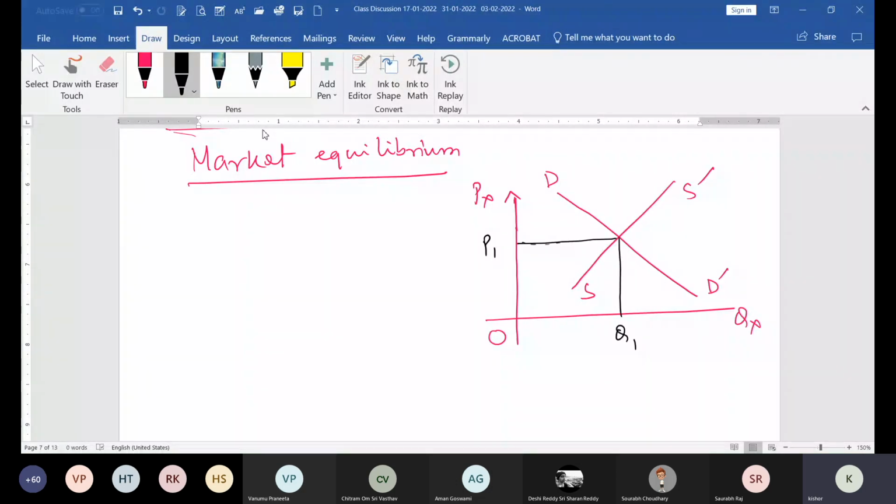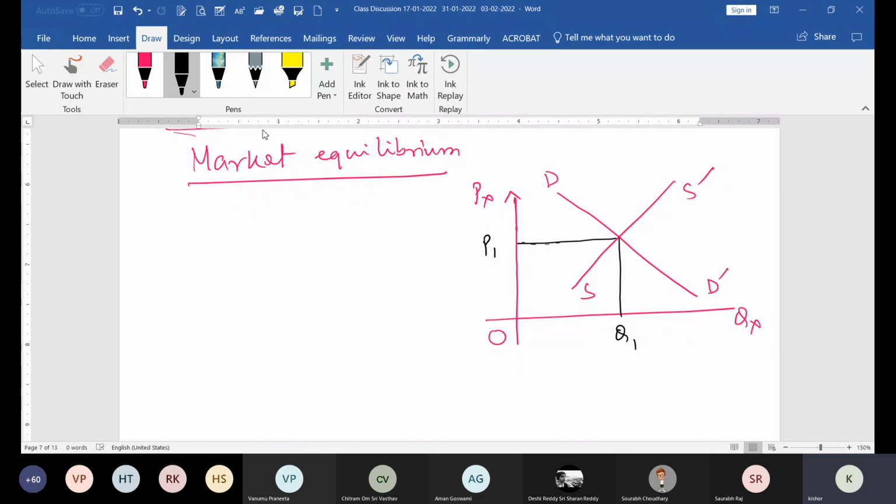At this particular level of quantity, demand and supply, you are getting an equilibrium price. This price is called equilibrium price, and this quantity is called equilibrium quantity, where demand is equal to supply. So market equilibrium refers to a state in the market where quantity demanded is equal to quantity supplied.